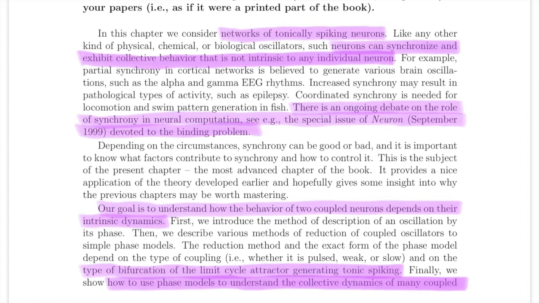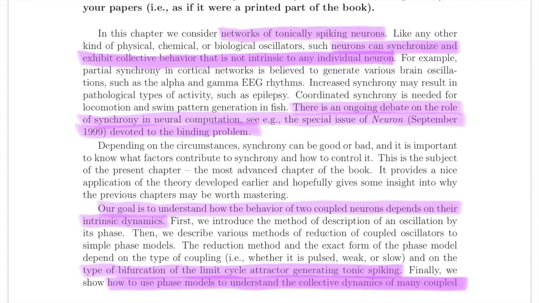If you know the interaction between neuron 1 and neuron 2, then you can extend it to networks of neurons, like a million neurons, maybe. And the limit cycle, which we were talking about, is important in showing the spiking behavior.